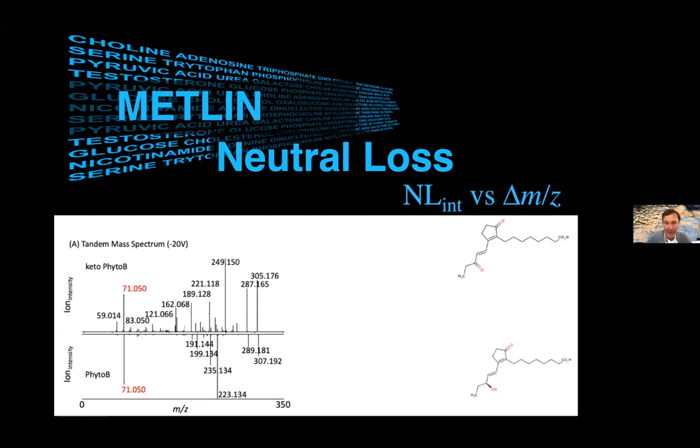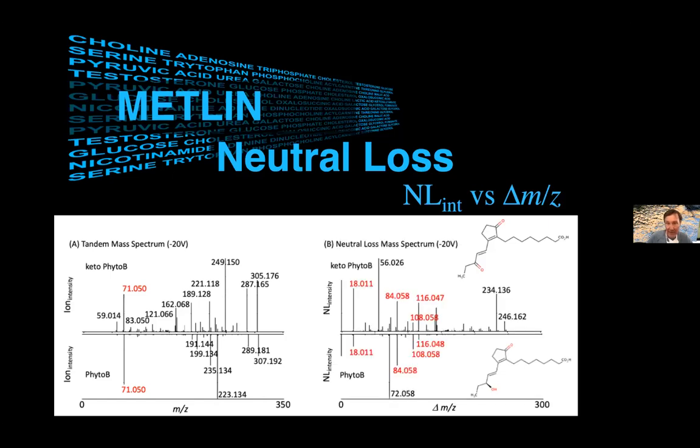I'll go back to Jean-Marie's example, where we have the phyto-P versus the keto phyto-P. When you look at the neutral loss mass spectrum, which is a different way of thinking of tandem mass spectrometry data, on the x-axis we have delta m/z instead of m/z, and the neutral loss intensity has been derived from the original intensities of the fragment ions.